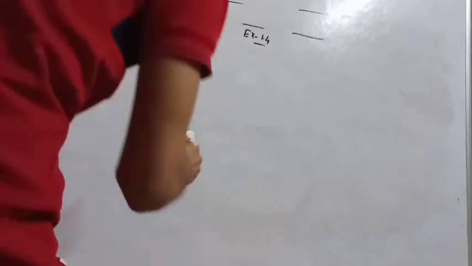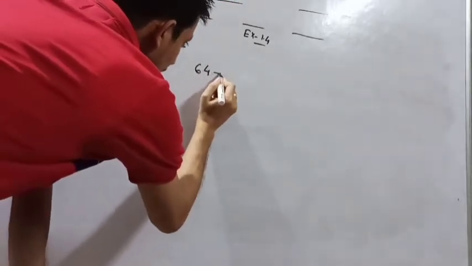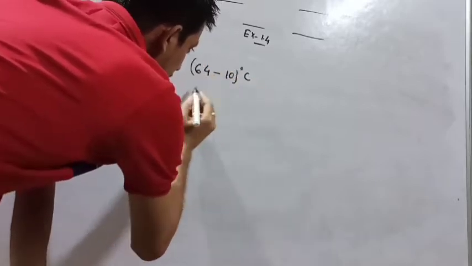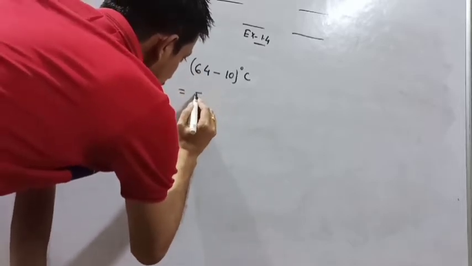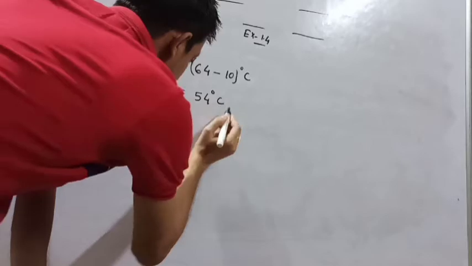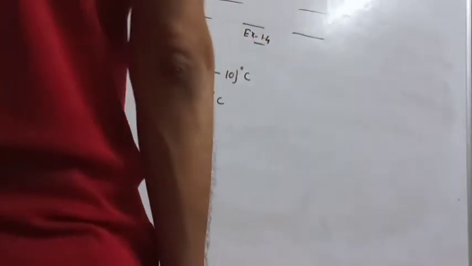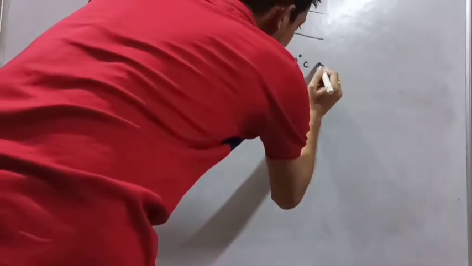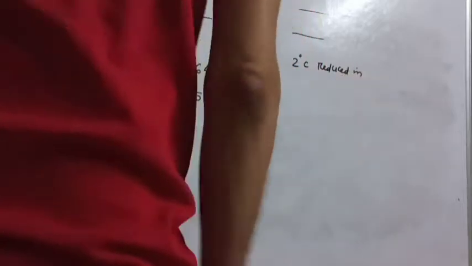First it was 64 degrees Celsius, so 64 minus 10, because first it was 64, then reduced to 10. So 54 degrees Celsius reduced. 2 degrees Celsius reduced in 1 minute.